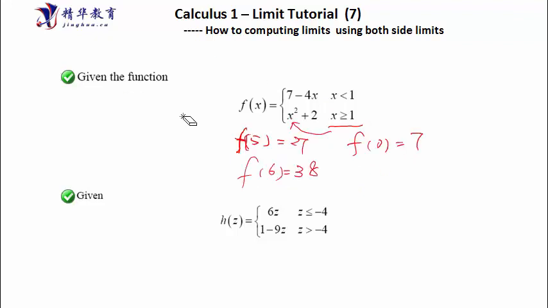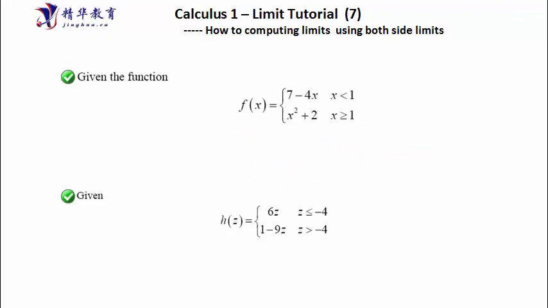Good, so come back to the limit. How do we do limit questions here? For example, we are looking for the limit as x goes to 1 of f(x). What is it equal to? If other questions ask you about x approaching 5 or x approaching 0, it will be very easy.